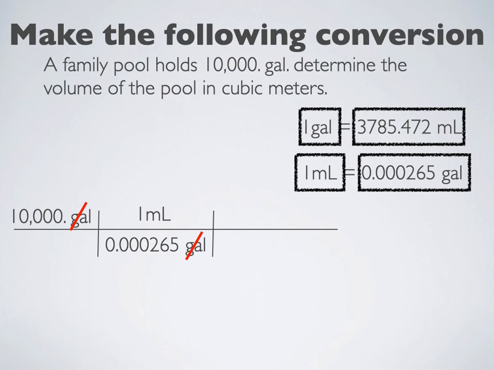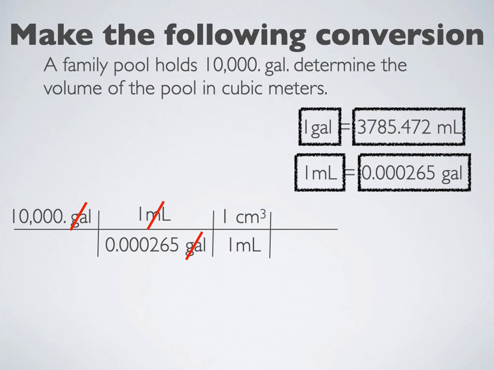Well, we're trying to get to a cubic length in volume. And what we learned last week is that 1 milliliter is equal to 1 cubic centimeter. By definition, a milliliter is the volume of water that fits in a cube that's 1 centimeter on each side. And what that allows us to do is cancel the milliliters out and get us to cubic length. What's our next step? Well, if we're going to convert centimeters to meters, how many centimeters are in a meter?